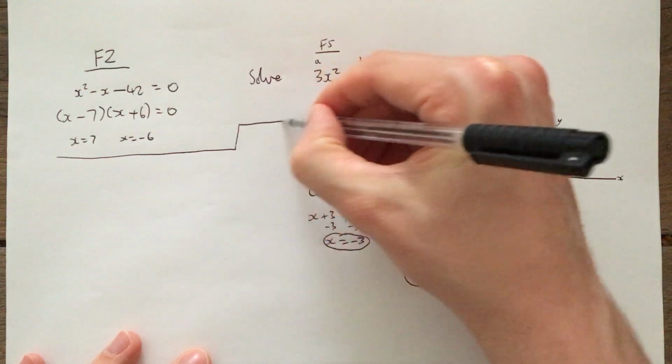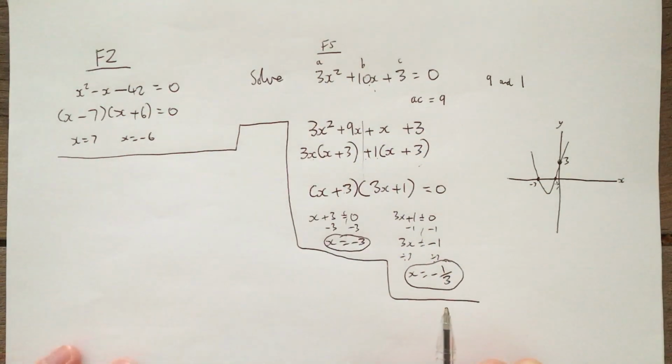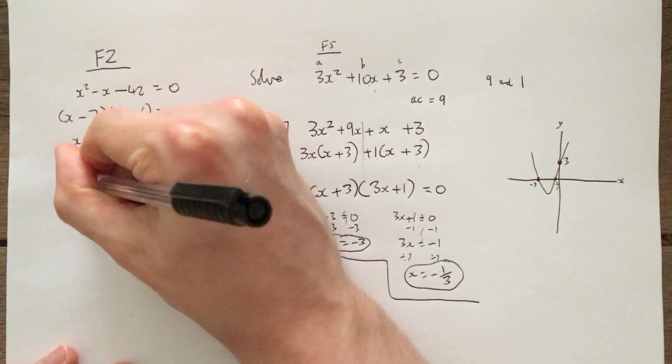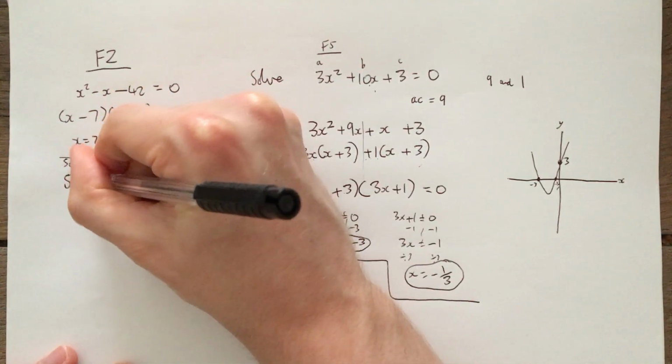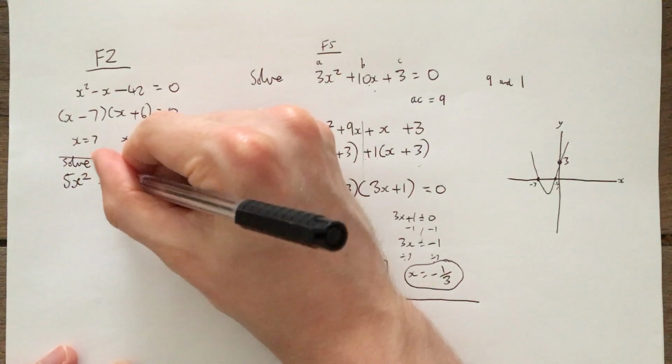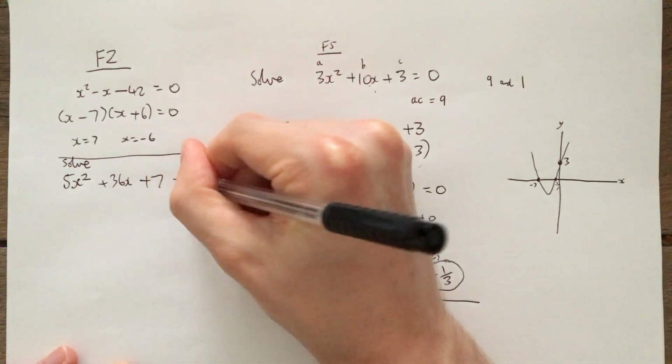I'm actually going to do another example here, just so on the next page I can do F6, which is very, very similar, just with negatives. So, solve 5x squared plus 36x plus 7 equals 0.